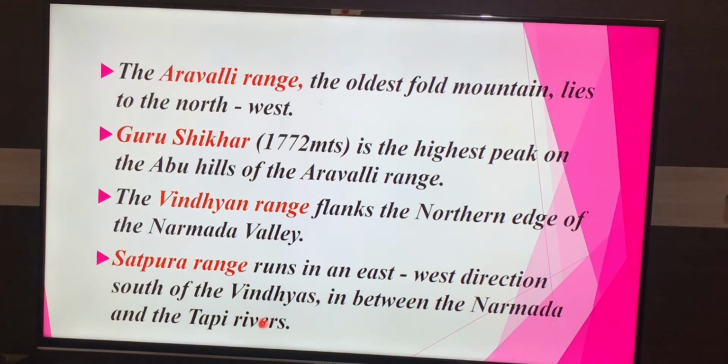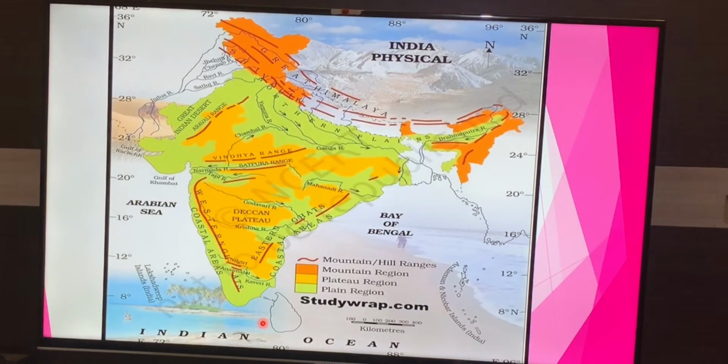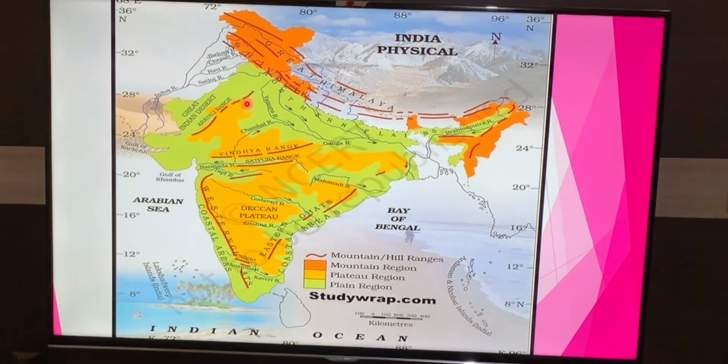Now, in the next slide, we will see where those places are located, and you can also mark these places in the outline map of India. The Aravalli range is located on the northwest of the Peninsula Plateau.